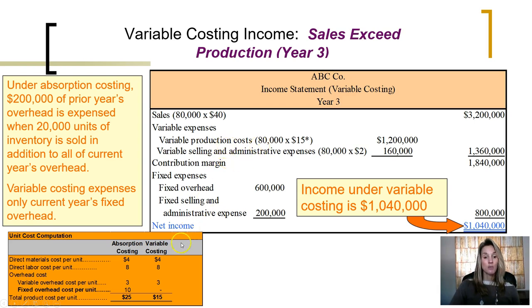Production costs include only the variable direct materials, direct labor, and variable overhead costs at $15 per unit, times the number of units sold. Our variable selling and admin cost, $2 per unit, times 80,000 units sold, leaves us with a contribution margin of $1,840,000. Next, we subtract out all of our fixed costs, fixed overhead as well as fixed selling and administrative, $800,000 in total, for income of $1,040,000.